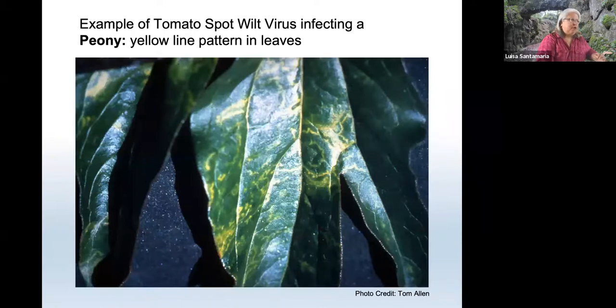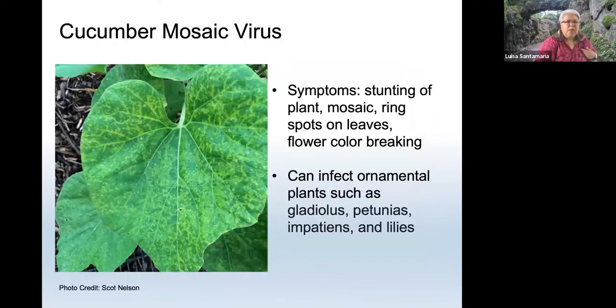Here is an example of tomato mosaic virus in peonies. I haven't personally seen any virus in peonies, to be honest. It's just a reference we found of what the pattern of the virus could be in peony plants. Cucumber mosaic virus not only produces damage in the leaves, but also additional symptoms, like most viruses, such as stunting of the plants.